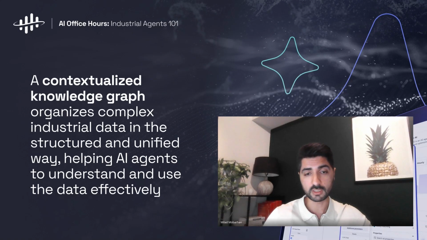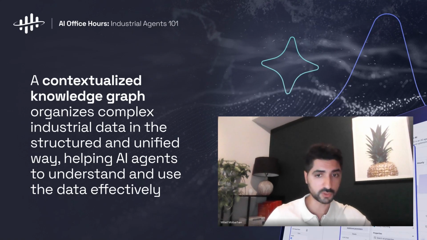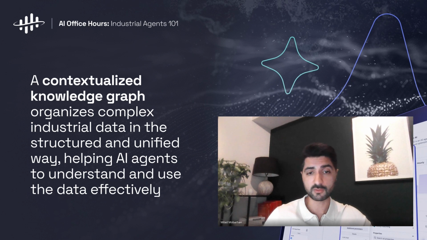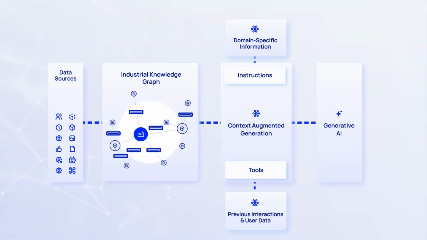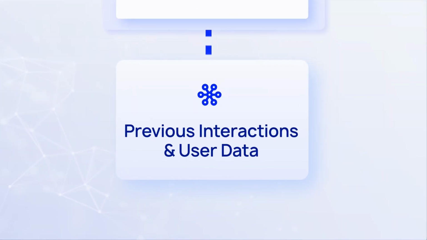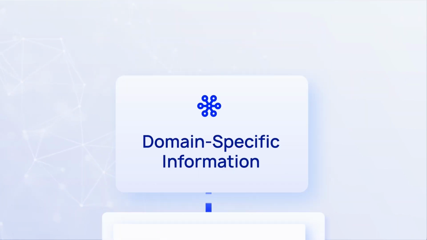But with a knowledge graph, you can organize this complexity into a structured, unified format, which also makes it easier for the agent to integrate and use the data. Another advantage of using a knowledge graph is that it enables us to go beyond standard retrieval augmented generation systems that typically involve retrieving relevant chunks of documents for a given question or task. With the knowledge graph, we can take a step further, and we can try to retrieve and integrate context from multiple sources, including real-time sensor data, user interactions, and historical data.